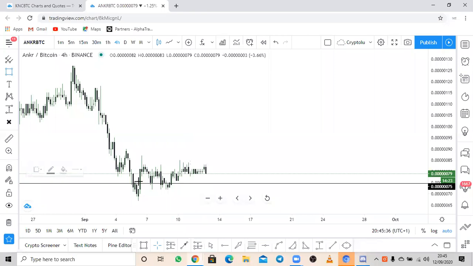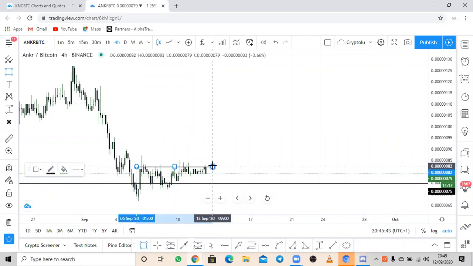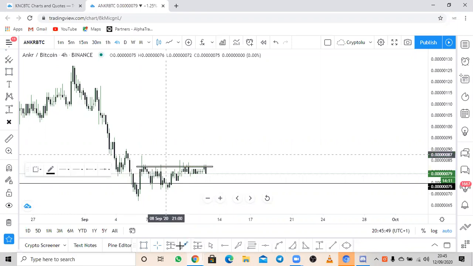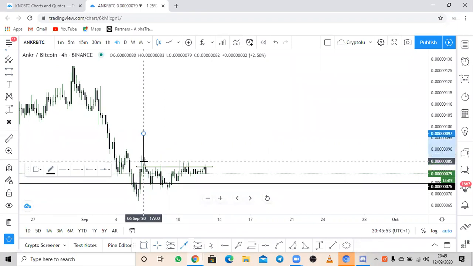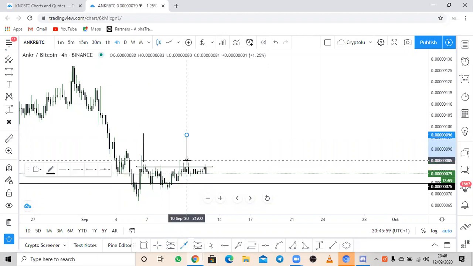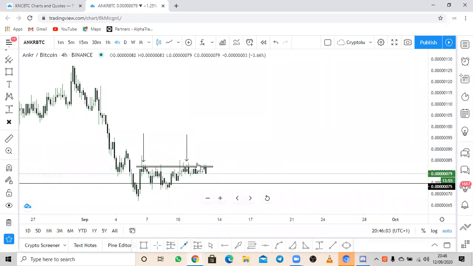What I see here is equal highs. This is the first one here, the next high here, and we had the third high here.